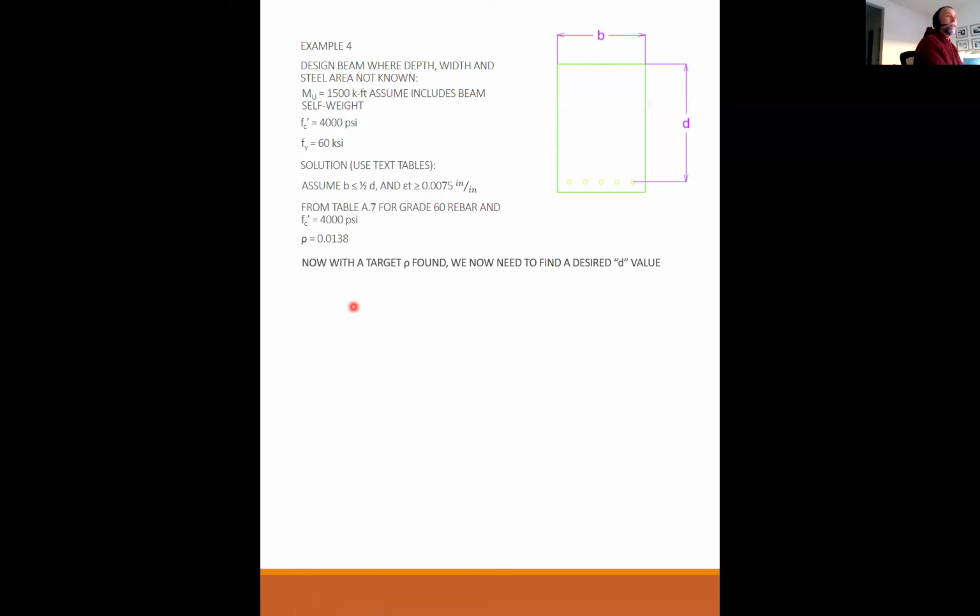Now with the target, we now need to find our desired D value. And we run through the same exercise as we did before. We plug in rho, Fy, F prime C. We get Rn of 747 ksi. Rn is equal to Mu over phi B D squared, which is Mu over phi D over 2 D squared, because we're shooting for B is equal to half a D. And so again, D is the cube root of 2 Mu over phi Rn.